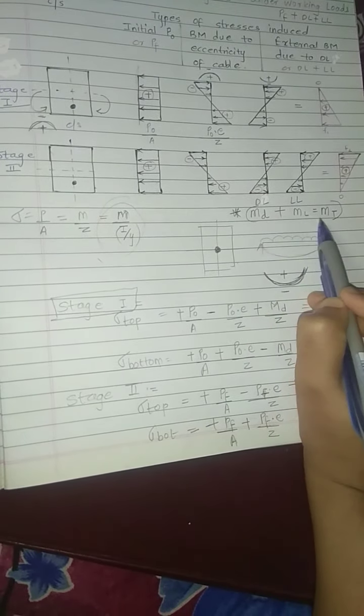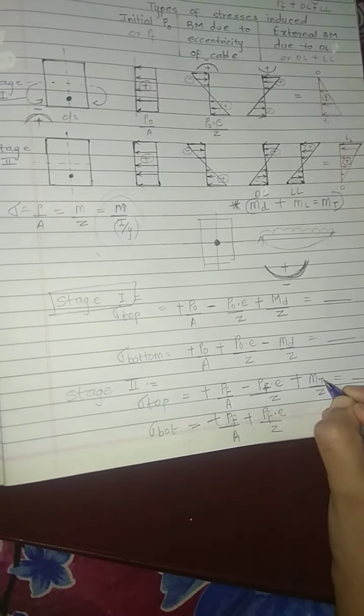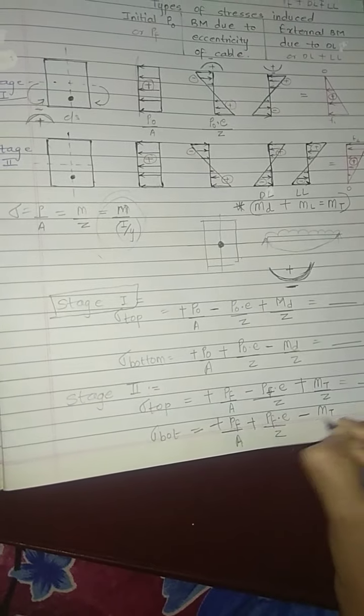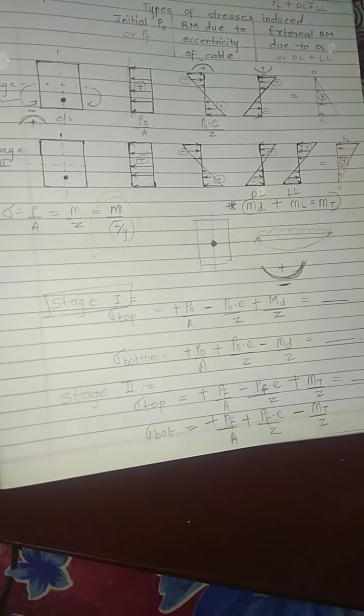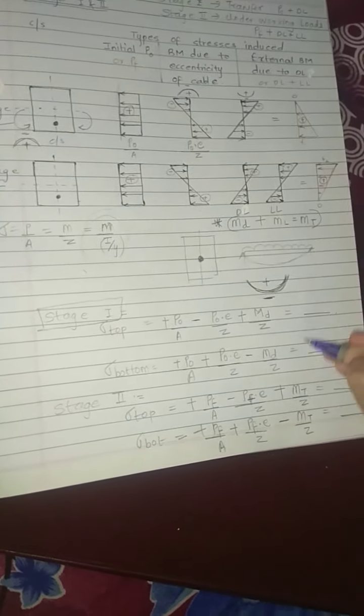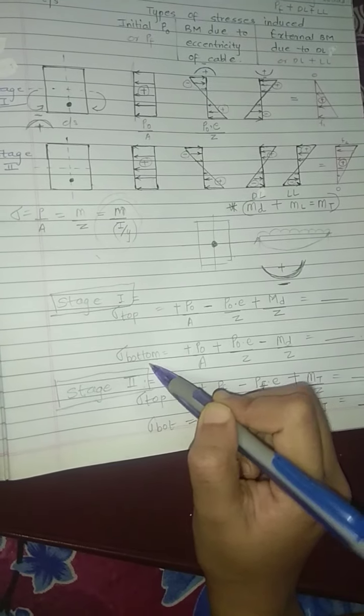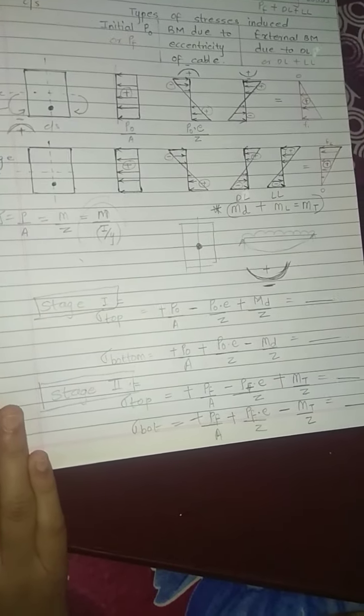So it is MT. Here we consider MT, and for the bottom it is negative, MT upon Z. So like this we can find out the stresses induced at the top and at the bottom for stage 1 and stage 2.